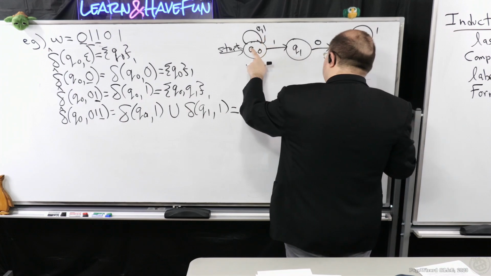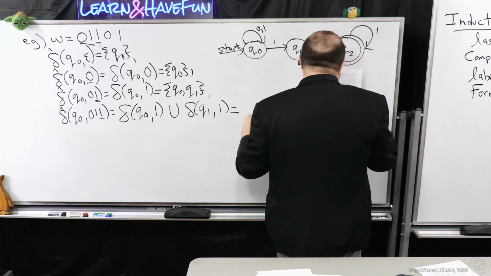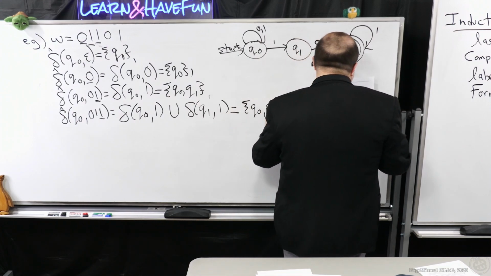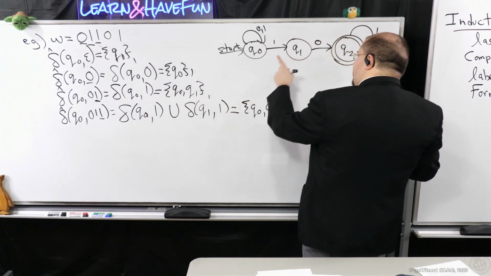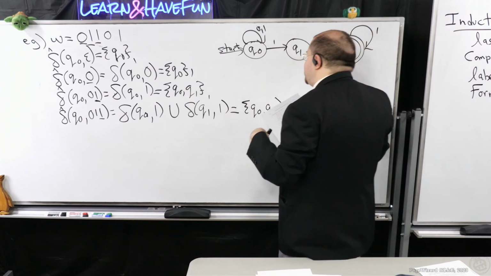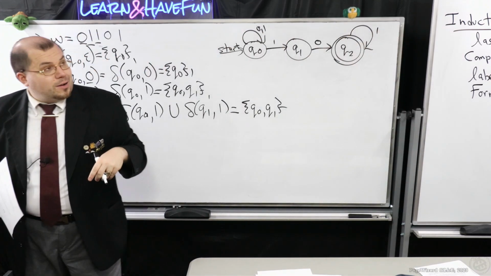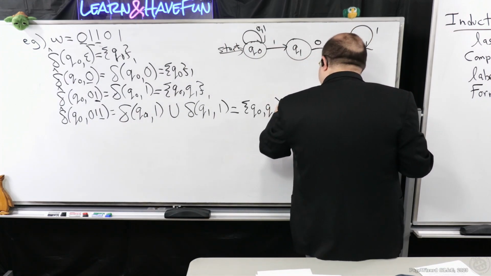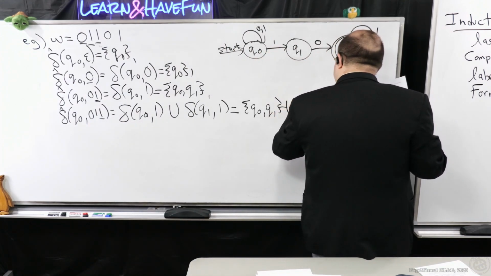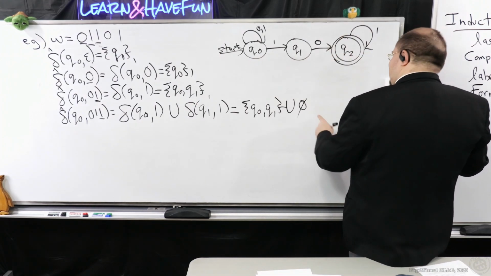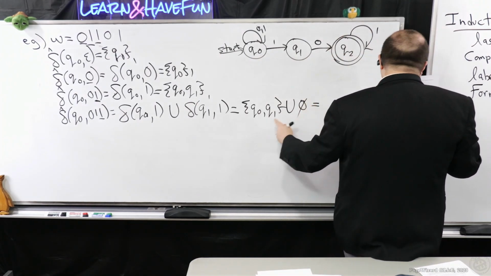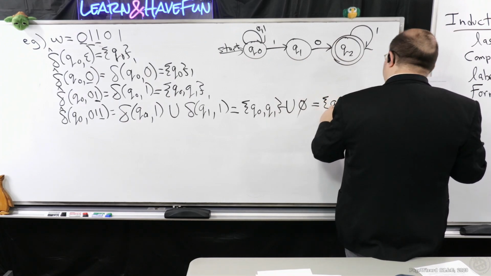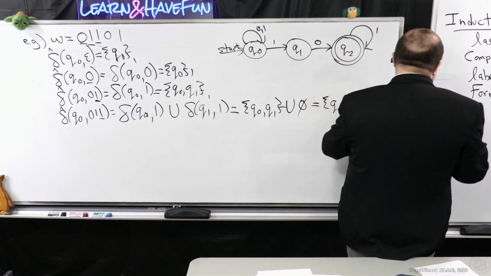Q0 on 1 is just q0, q1. However, in q1, if I read a 1, notice there's no transition out of q1 on symbol 1. So that one gets killed, and that's an empty set. The result of the union is that the states I'm left with are q0, q1.